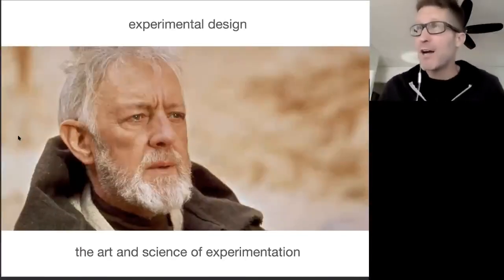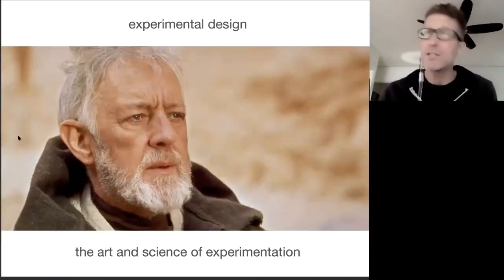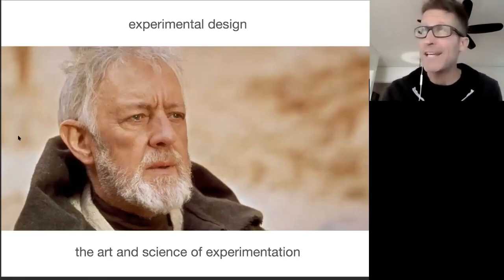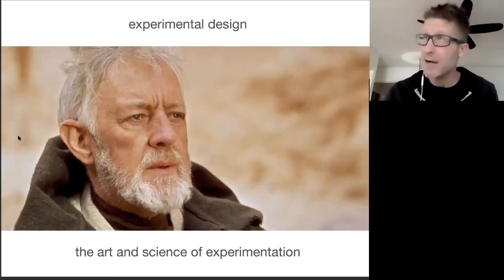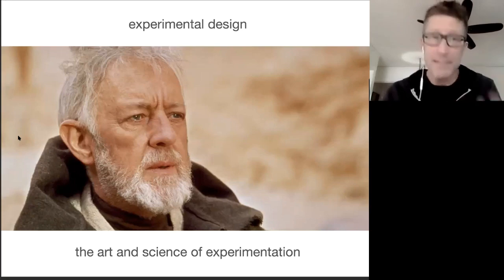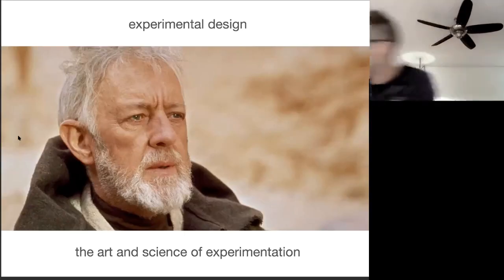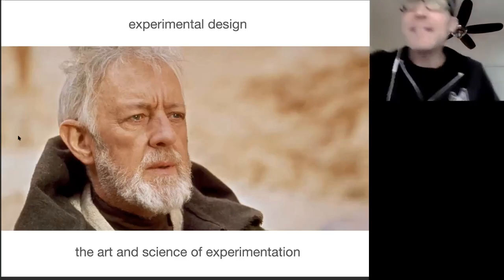So experimental design, and this was recognition of Joe Allen and Matt Chatter and others that have presented before in the series, is both an art and a science. And the science of it is that we experiment all the time as individuals with ourselves and with our teams and with our classes and with our cohorts. But sometimes we might not document the feedback or the evidence in a way that is scientific, so to speak.